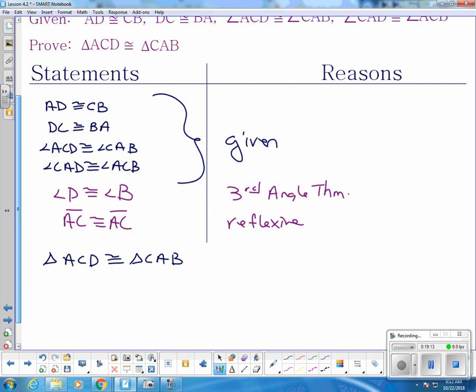And that is, I'm going to write, congruent parts of congruent figures theorem. So if all angles and all sides are shown to be congruent, the figures themselves are congruent.